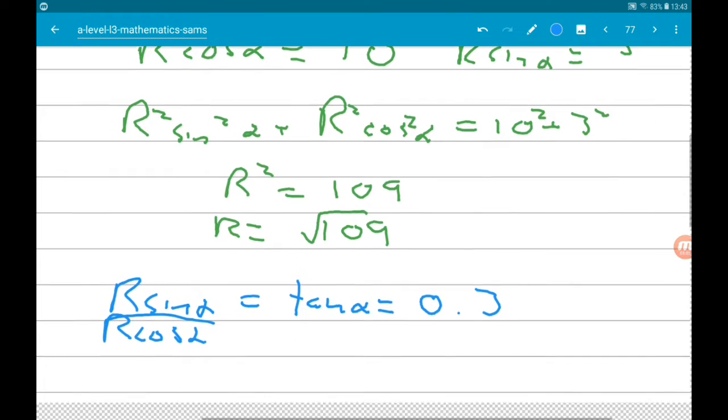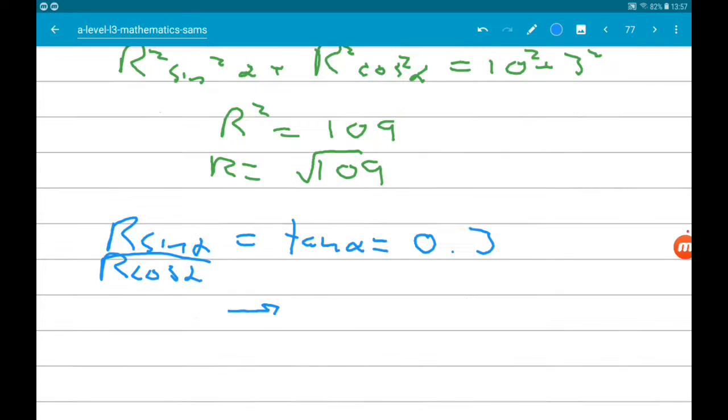So that gives us alpha is 16.699 blah blah blah. So, a bit funny that they wanted it to 2 decimal places because that's 16.7. So I guess we should say alpha is 16.70.